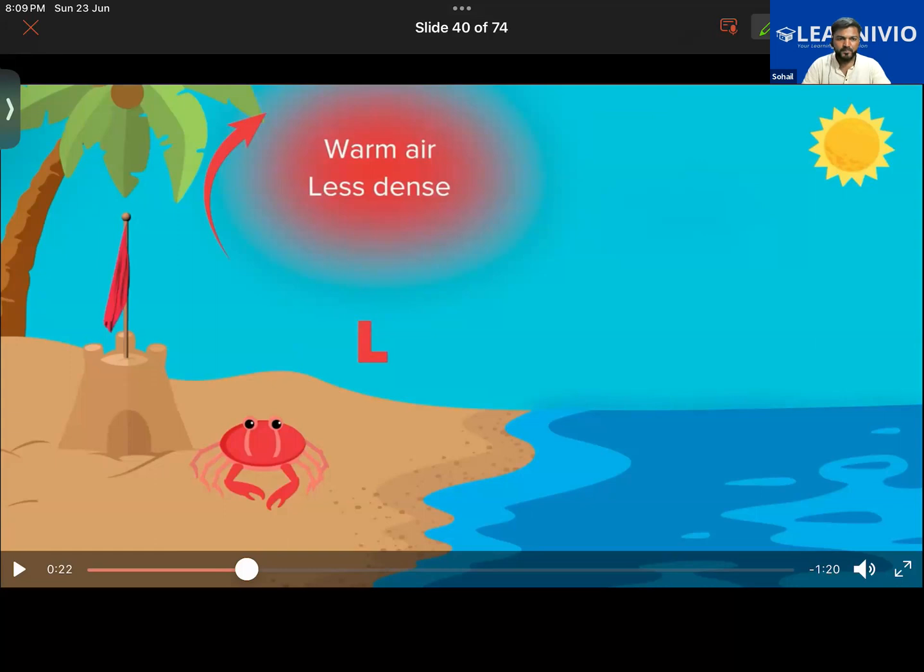Sir, is nitrogen cold? Liquid nitrogen is cold. Nitrogen in the gaseous state is not cold, but nitrogen in the liquid state is cold. Sir, that's why it is recommended to fill nitrogen in car tires, because when the car travels a lot, the heat produced creates a lot of pressure, and that's why the tires explode.